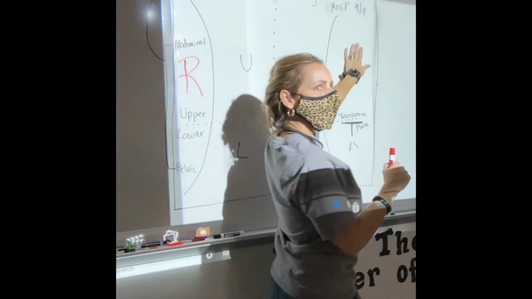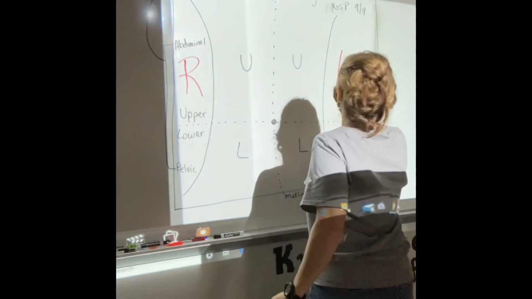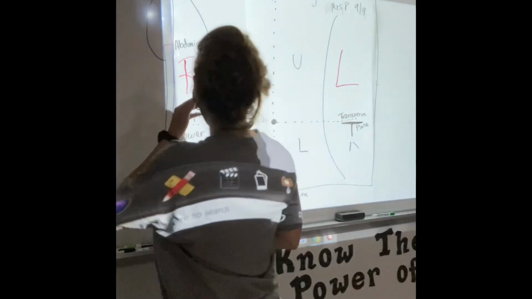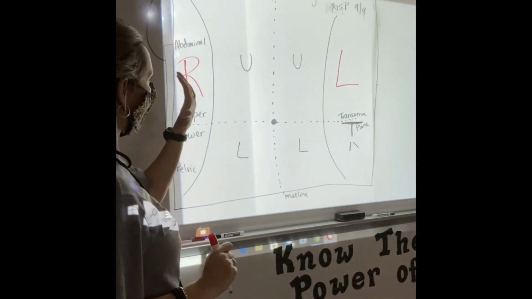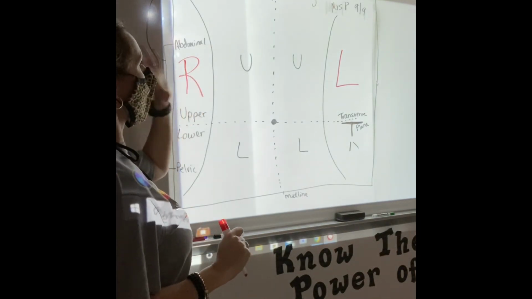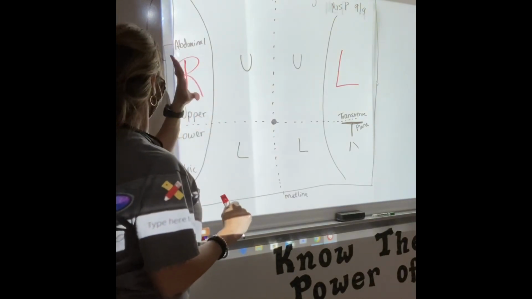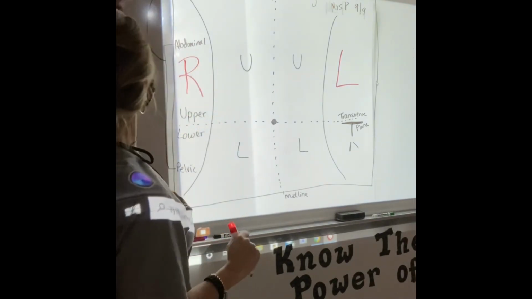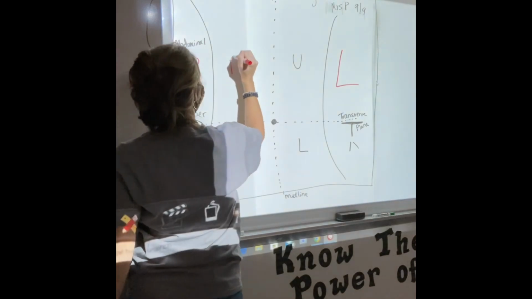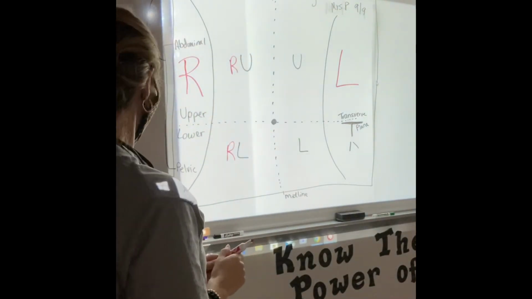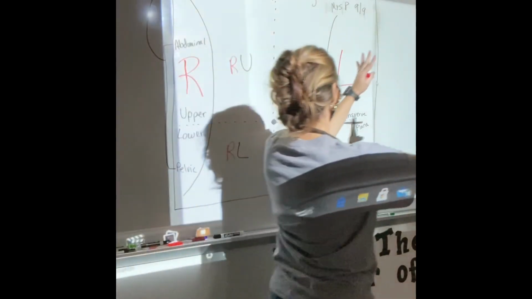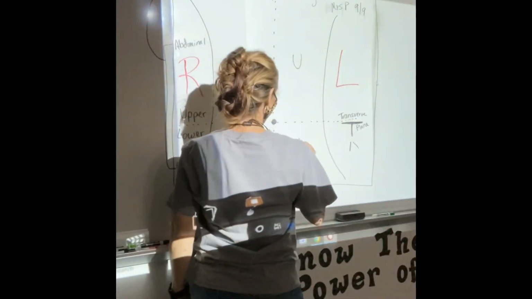What's this side? Left. Perfect. So now, okay, we know where we're at, where we're going. This is right. All of this is right. So this must be right. All of this is left. This must be left.